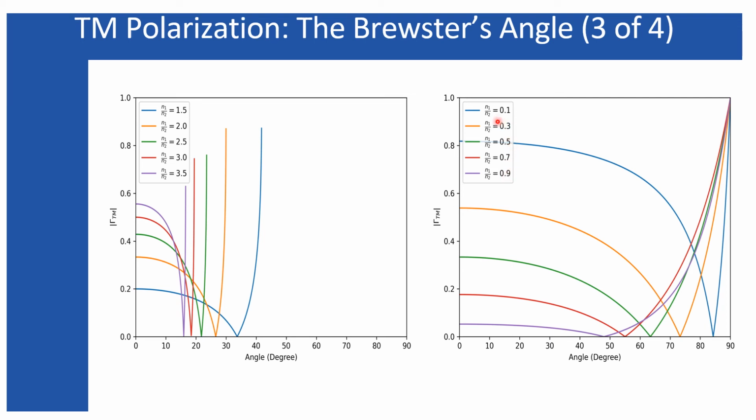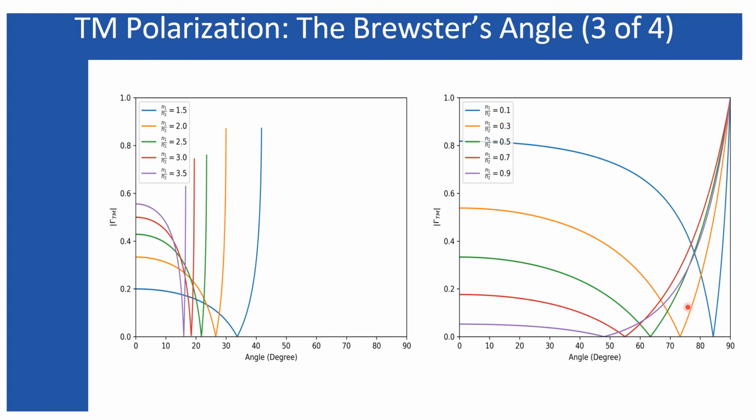If the permeabilities of medium 1 and medium 2 are equal, which is the general case, the ratio of the refractive indexes will be defined based on the ratio of the permittivities. So n1 to n2 will be represented by the square root of the ratio of epsilon 1 to epsilon 2. Anyway, in the first case I am considering that the ratios are less than 1.